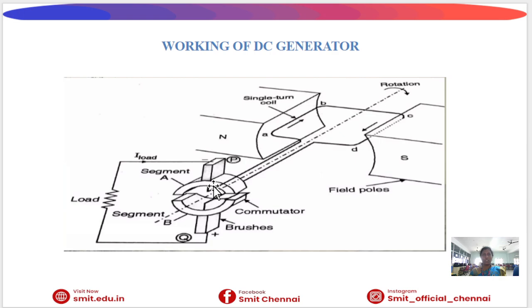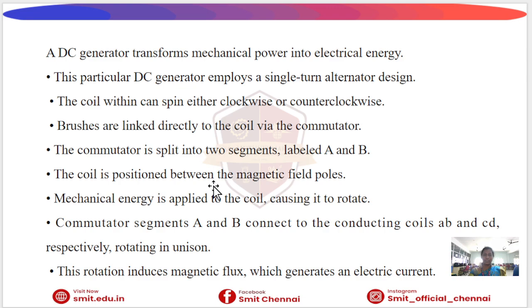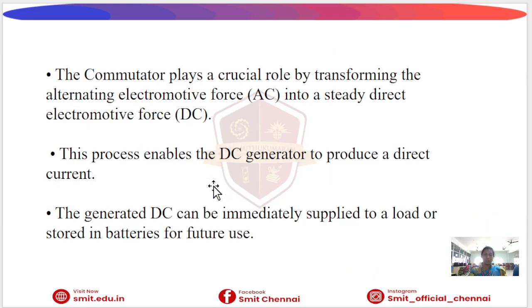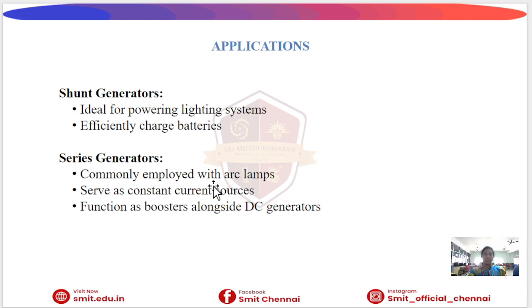The generated DC current can be supplied to electrical loads or stored in batteries. So the DC generator converts mechanical energy into direct current electrical energy.